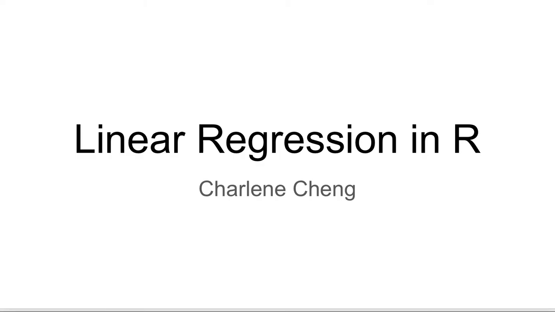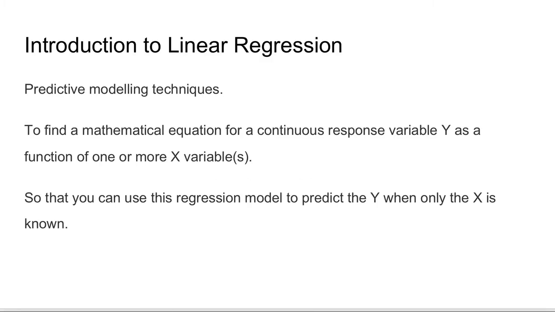Linear regression in R. In this video, I'll talk about how to use the linear regression model in R to solve real problems. Linear regression is a predictive modeling technique.